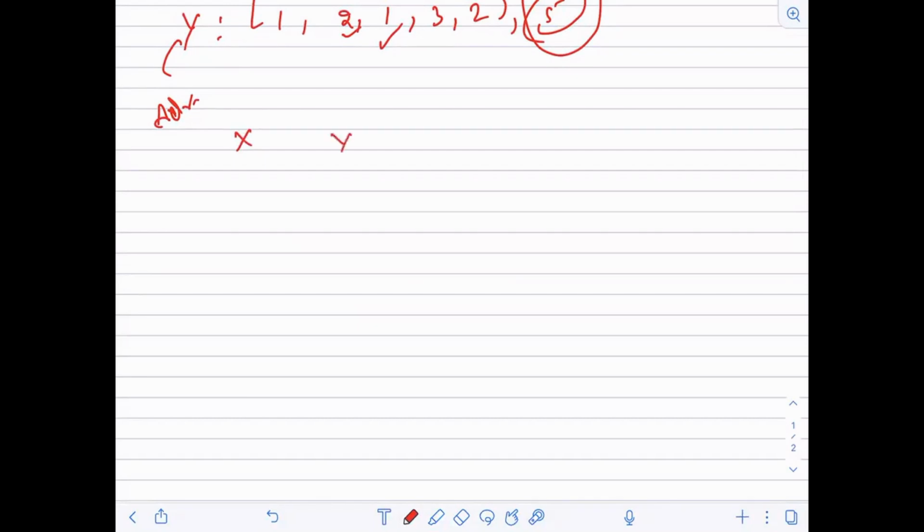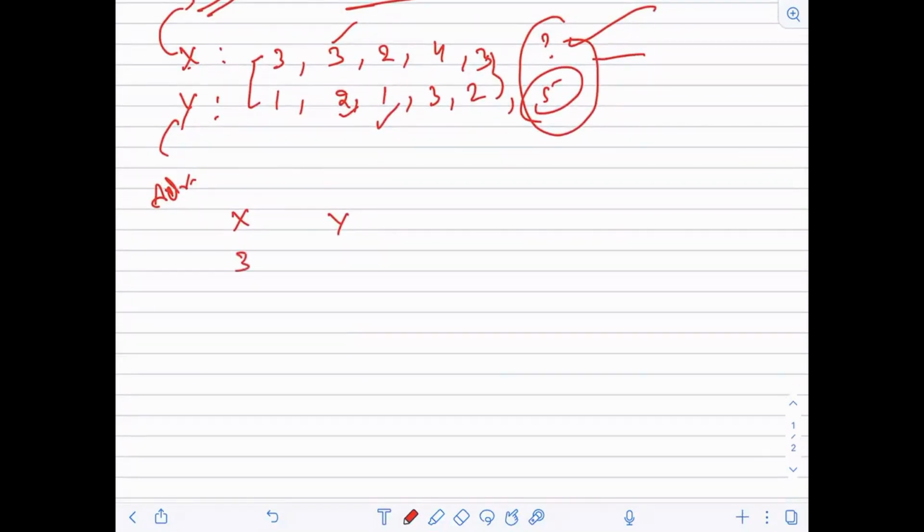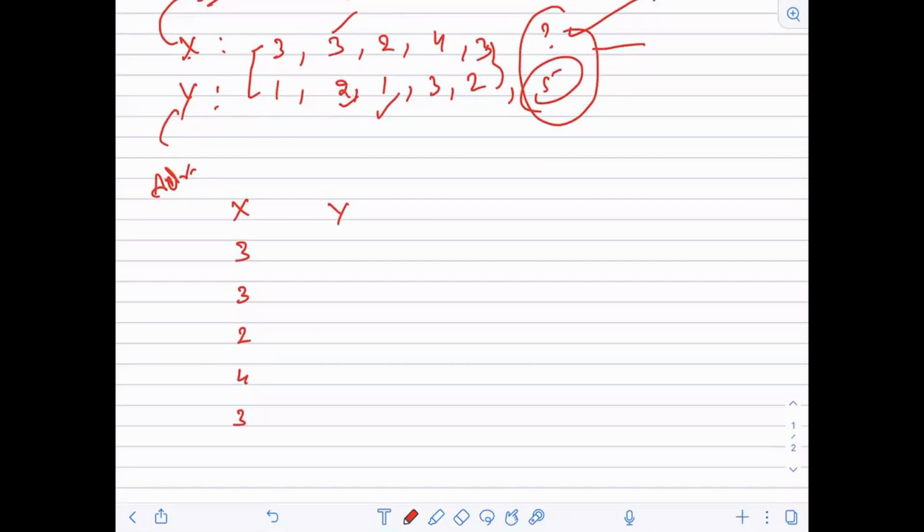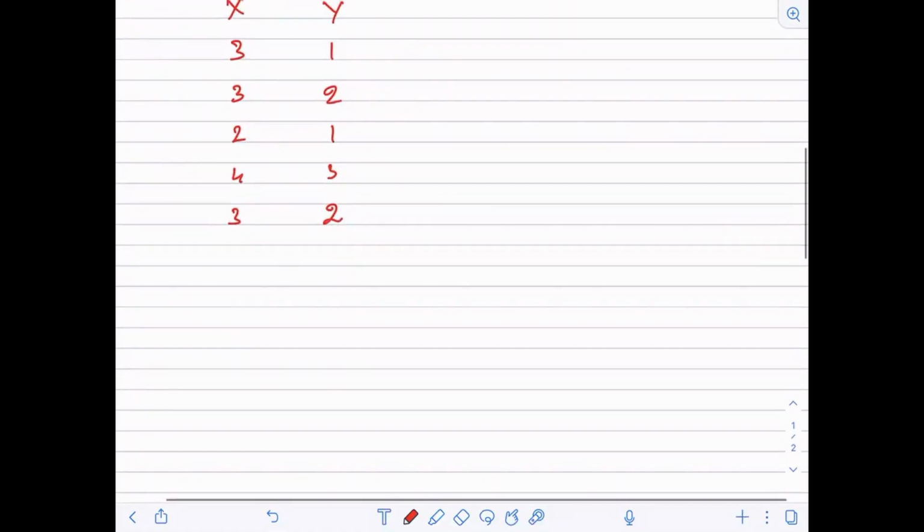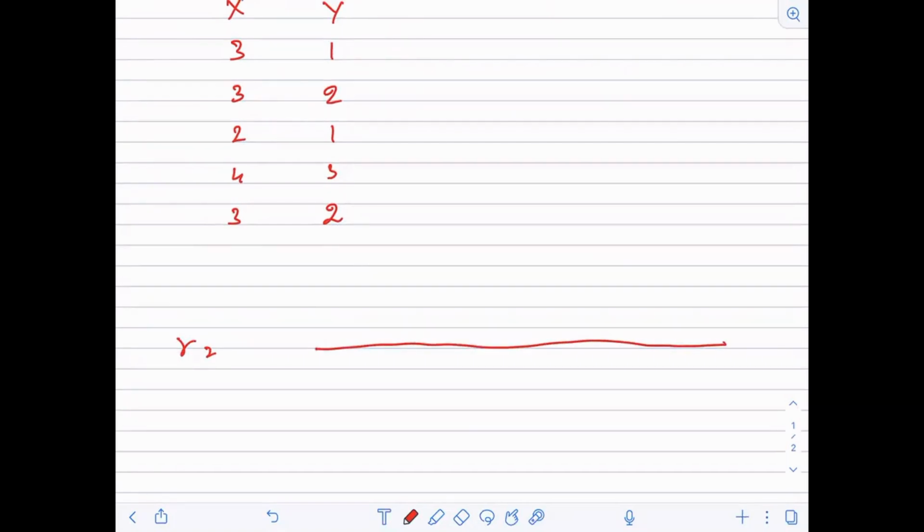Let's move on to the formula. X is 3, 3, 2, 4, 3, and y is 1, 2, 1, 3, 2. Let me first of all write down the formula. It is sigma xy minus sigma x times sigma y divided by n, small n or big N, it doesn't matter in this question, and under root.